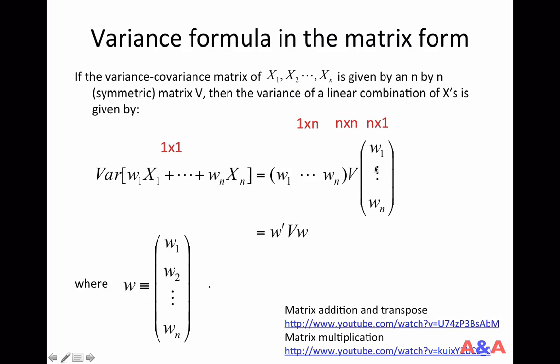This expression, in turn, can be written in an even simpler form of W transpose times V times W, where W is just the vector of the coefficients.